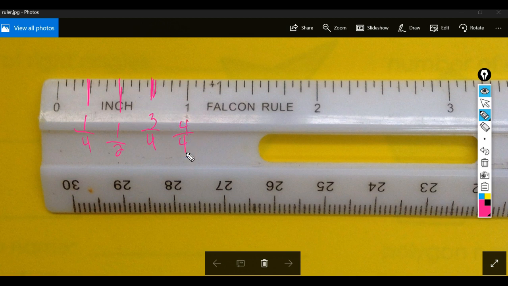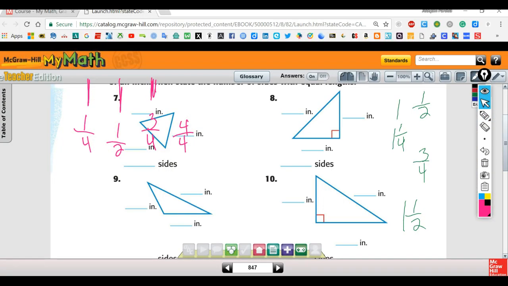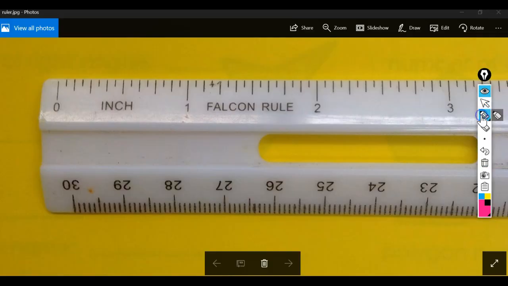Okay. So if I go back to this, and I measure number 7, it's actually going to be here. I start at 0 and go all the way across until I hit here. Okay, so it's this long.